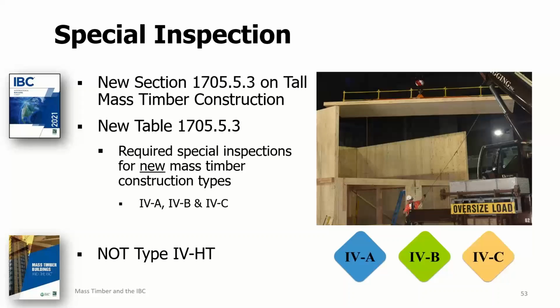This section consists primarily of a table having the same number designation, which I'll show on the next slide. But before I show you that table, I wanted to stress that these provisions do not apply to traditional heavy timber, which of course, as you know, is now type 4HT. They only apply to the three new mass timber construction types.